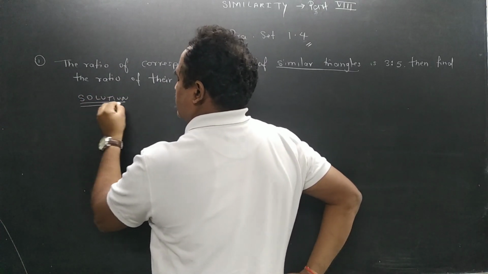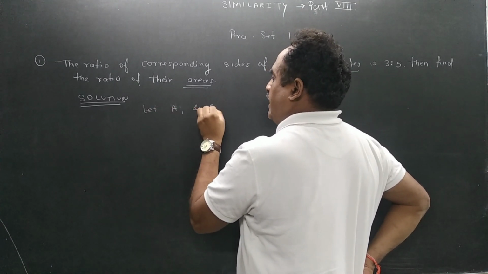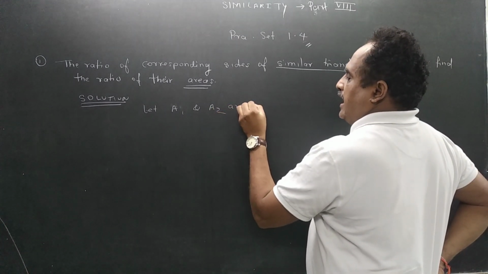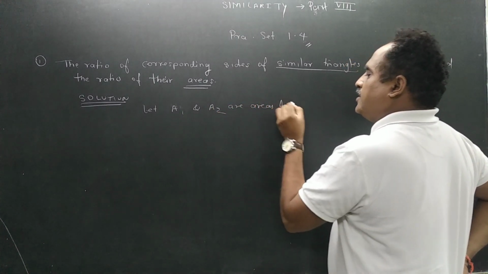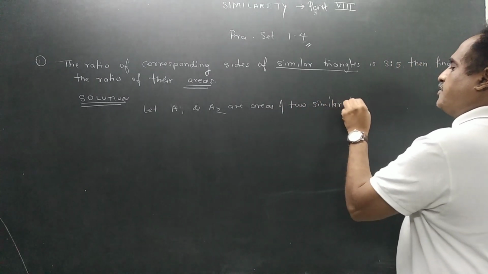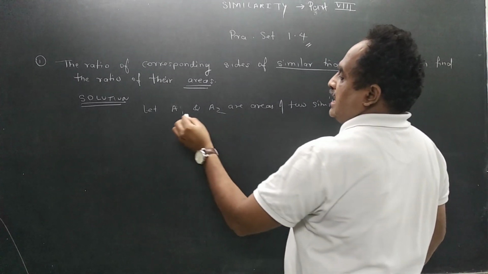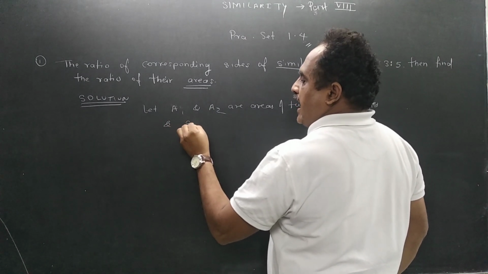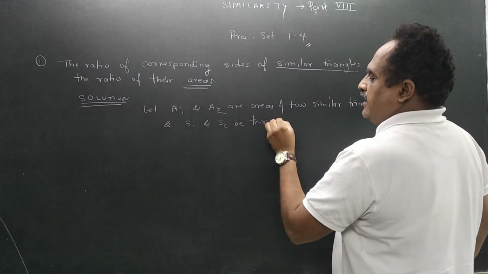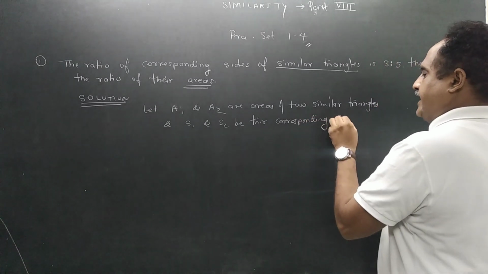solution. Let A1 and A2 be the areas of two similar triangles and S1 and S2 be their corresponding sides.